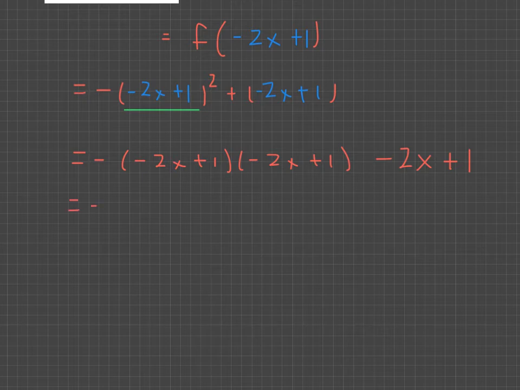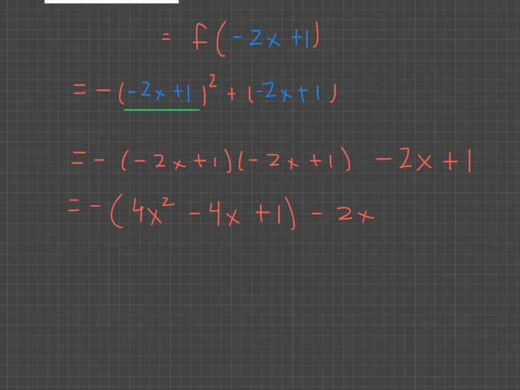We got to spend a little bit of time here. So if we FOIL that out, I'm going to leave the negative out in front, and so I'll put parentheses around it. Negative 2 times negative 2 is a positive 4x squared. And then we'll have negative 2 times 1 and 1 times negative 2. So that'll end up being minus 4x. So that's negative 2x times 1 and 1 times negative 2x. And then finally 1 times 1, so that's a plus 1.